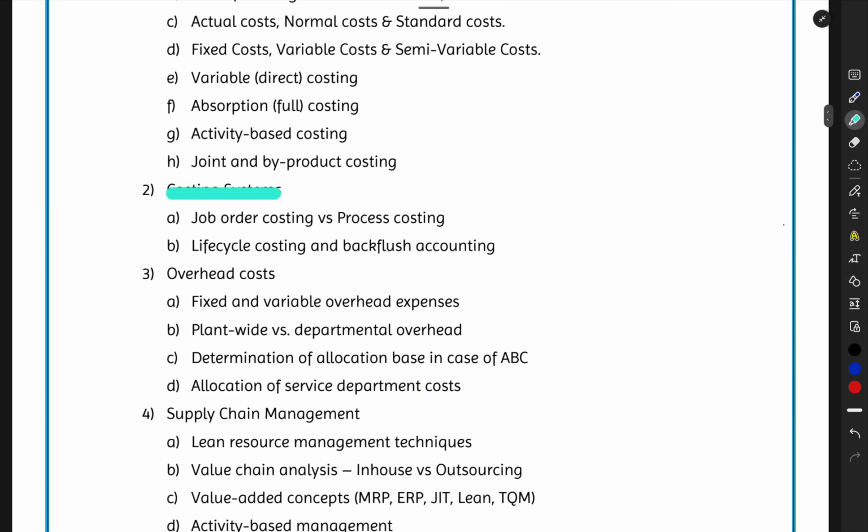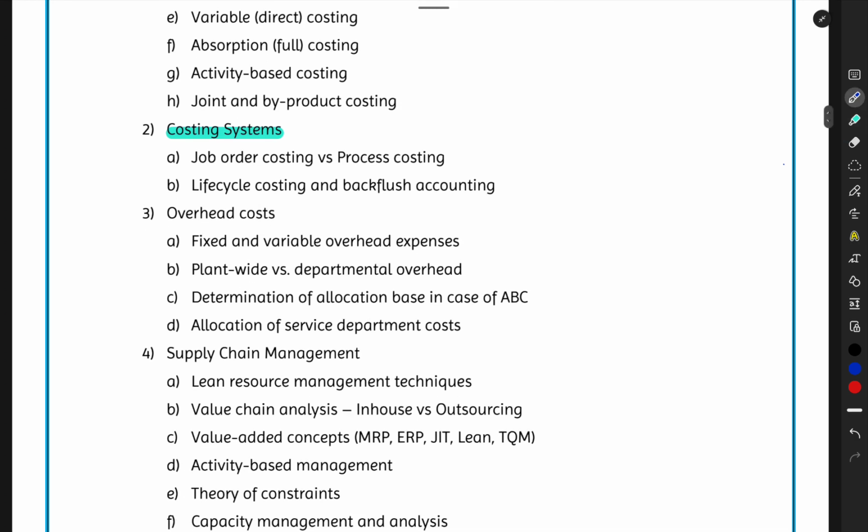Then you have two costing systems that we discuss in detail. One is process costing and the other one is job order costing. Just to give you an idea, imagine you are doing a furniture business.